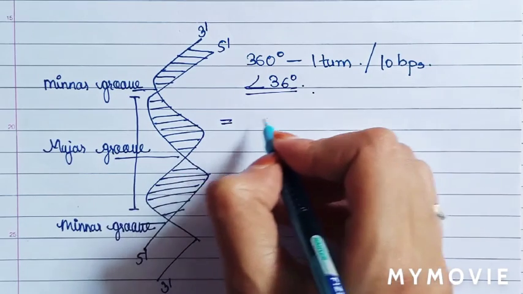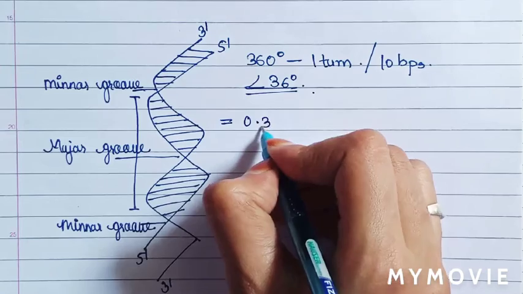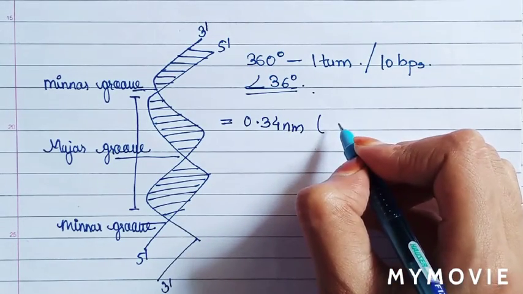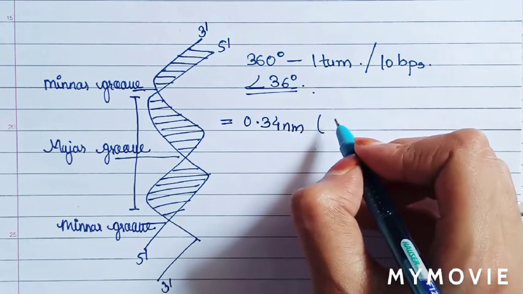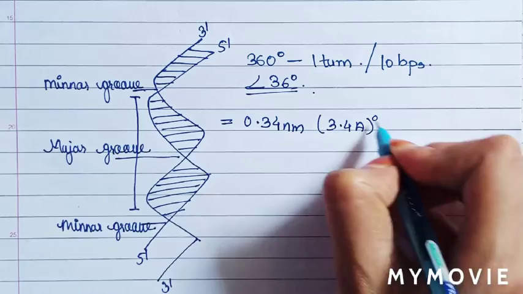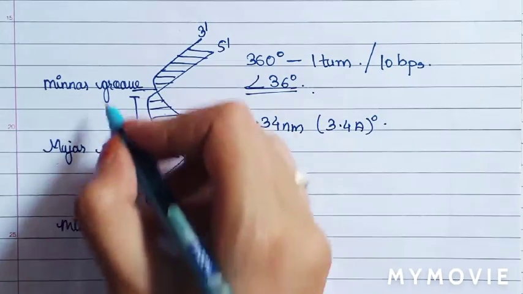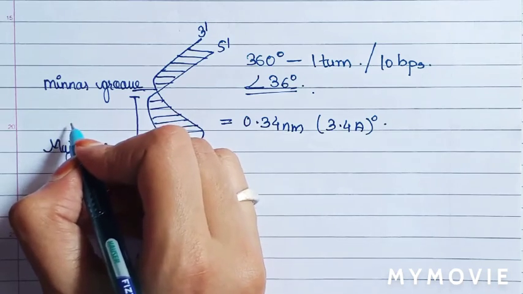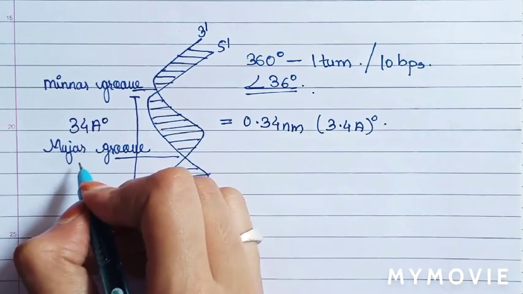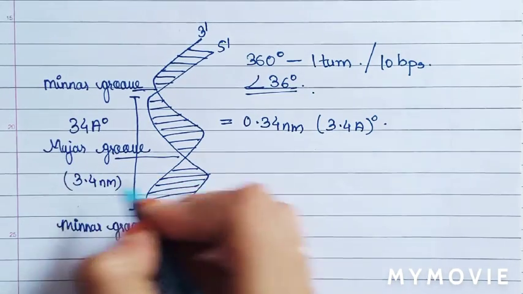And the distance between two successive base pairs is 0.34 nanometer, or if we talk about angstrom units, then the distance between two successive base pairs is 3.4 angstrom. And we know that the distance between two minor grooves or two major grooves is 34 angstrom, or if we talk about nanometer, then it is 3.4 nanometer.